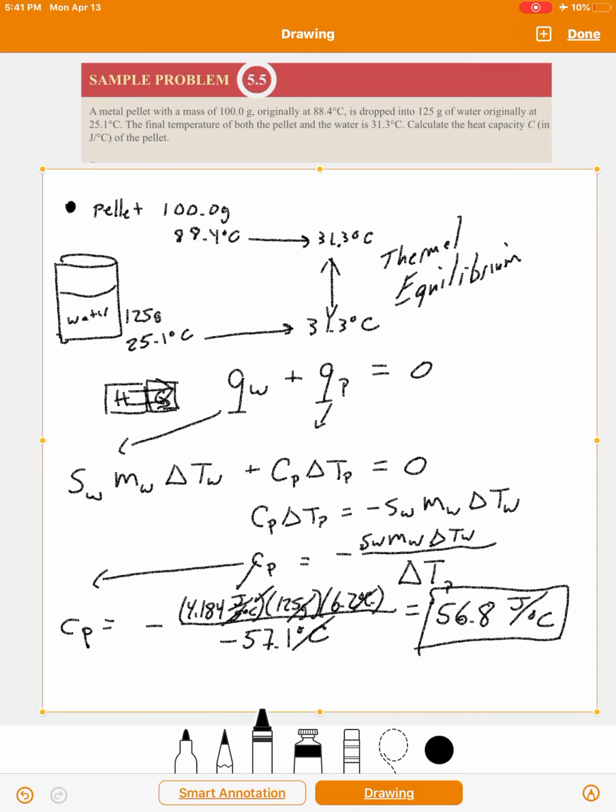And the interpretation of that is that if you put 56.8 joules of heat into that pellet, it will increase its temperature by 1 degree C. It'll go from 20 to 21 or 53 to 54. Or if you take out 56.8 joules of heat, it will go from 88.4 to 87.4 or 32.3 to 31.3. Okay, that's called the heat capacity, and there you go.